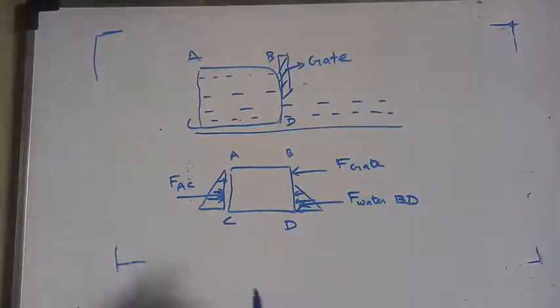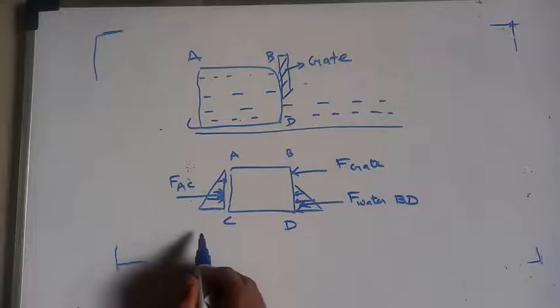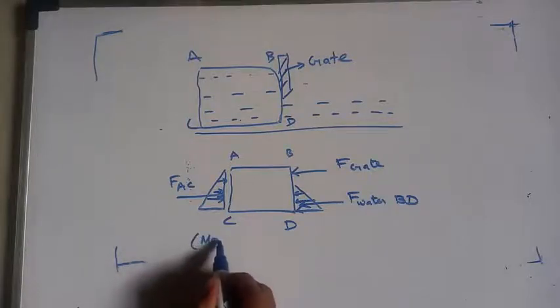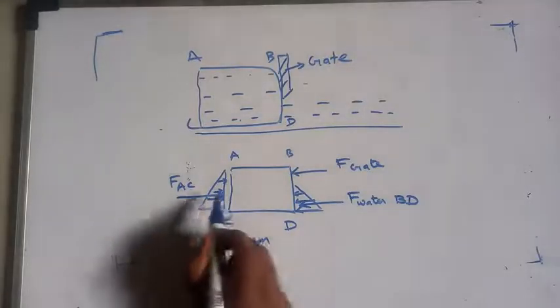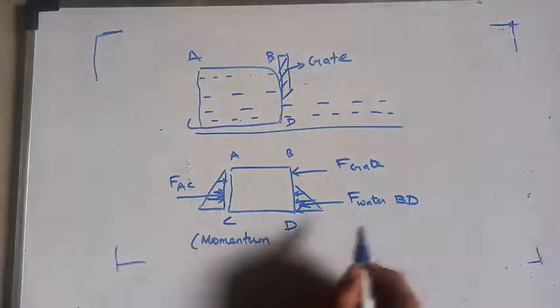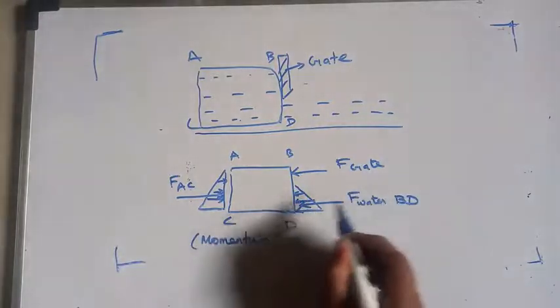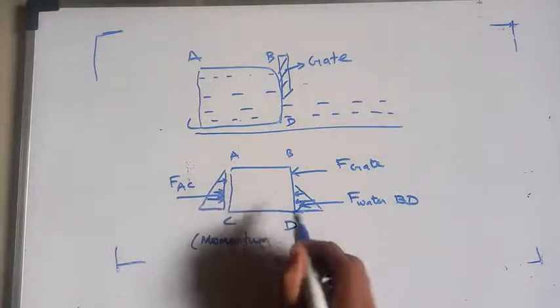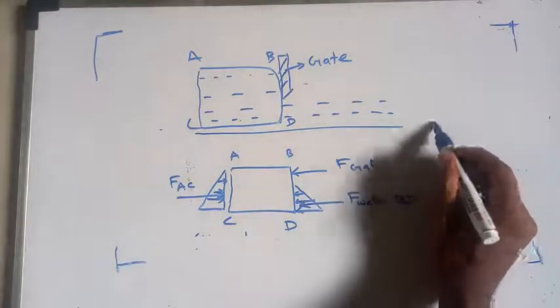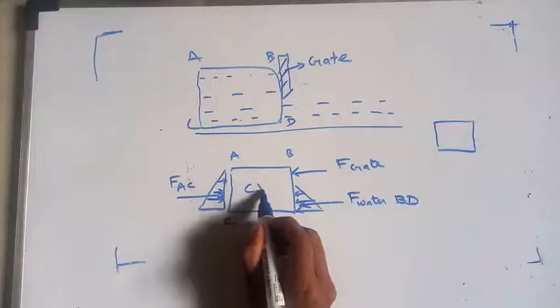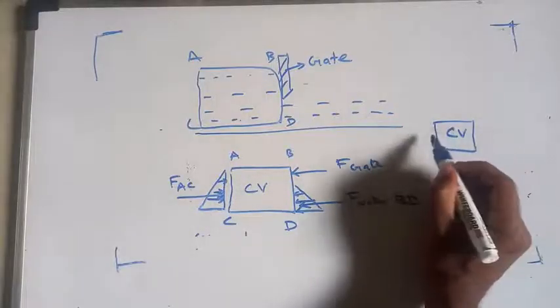What the momentum principle says, momentum coming in x direction, here it's an entry point. All these are external forces. Like that, I am taking this as the control volume.